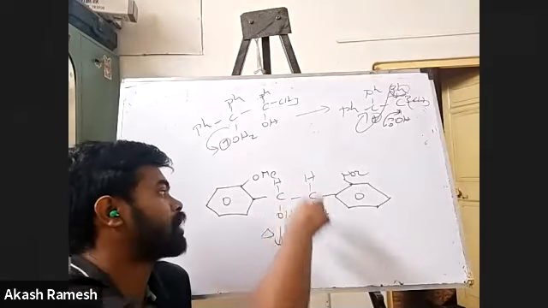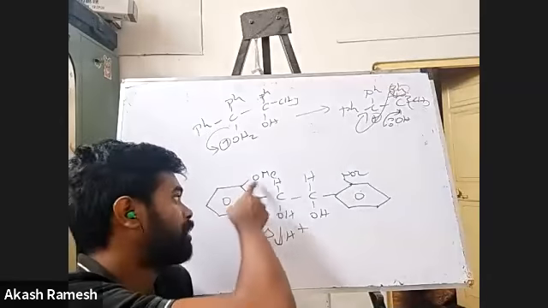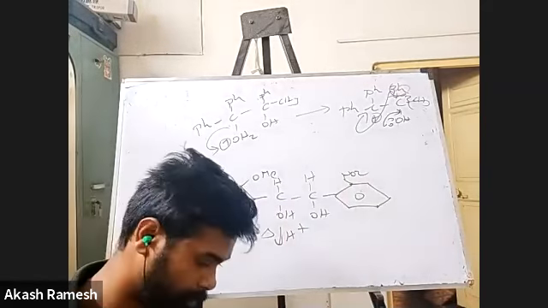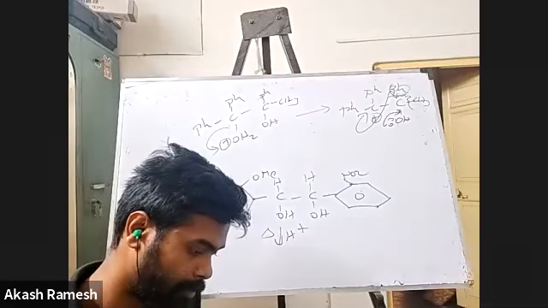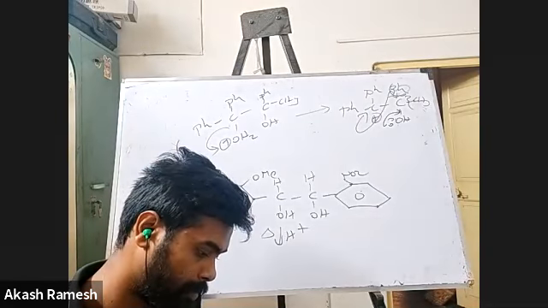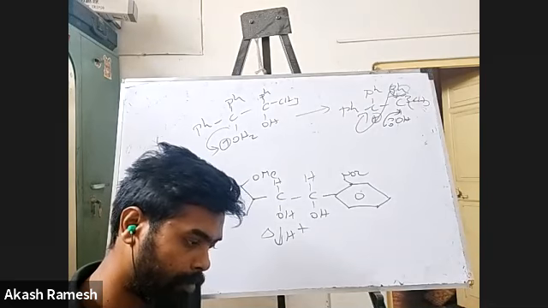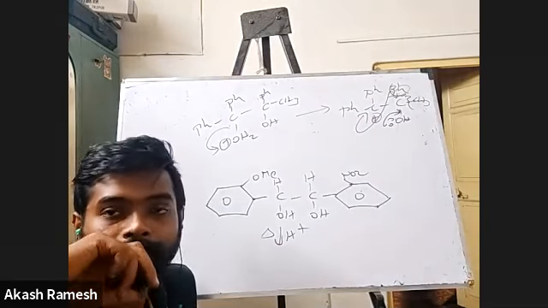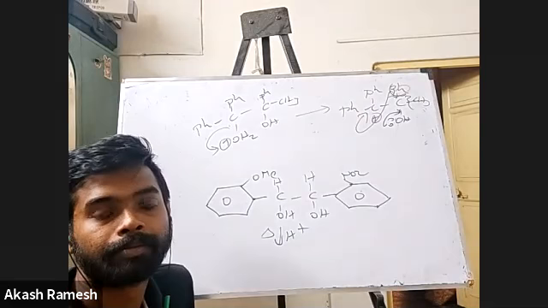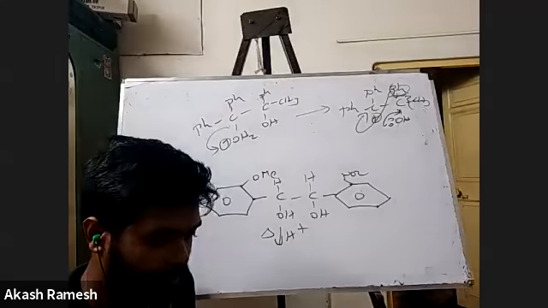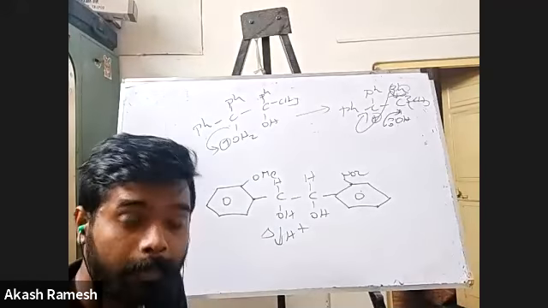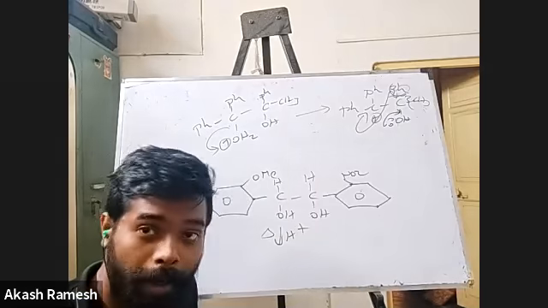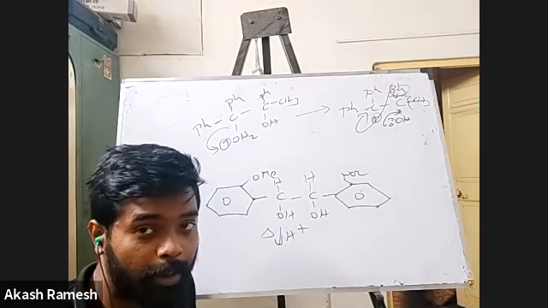So CHOH, CHOH, this is a benzene ring with OMe, this is a benzene ring with a nitro group. Go by the mechanism. Please do not predict the product directly.